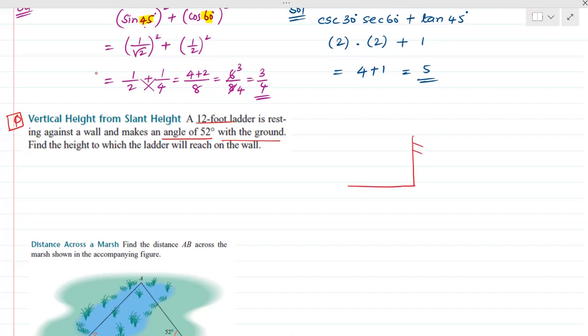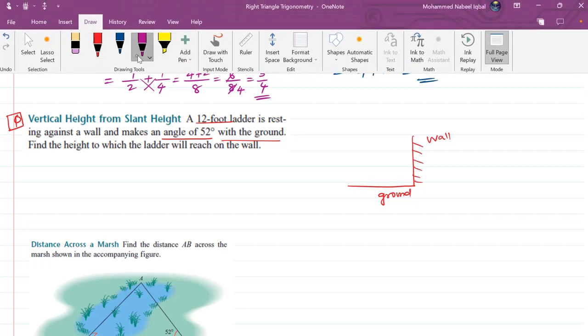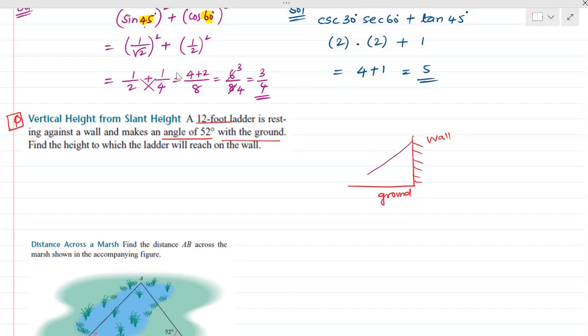This is the wall, this is the ground, and the ladder is resting on the wall. The length of the ladder is given as 12 foot.